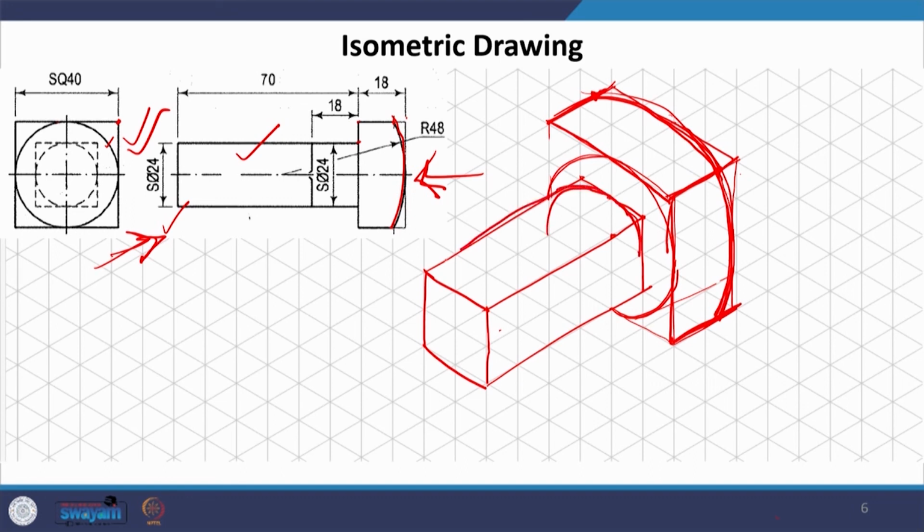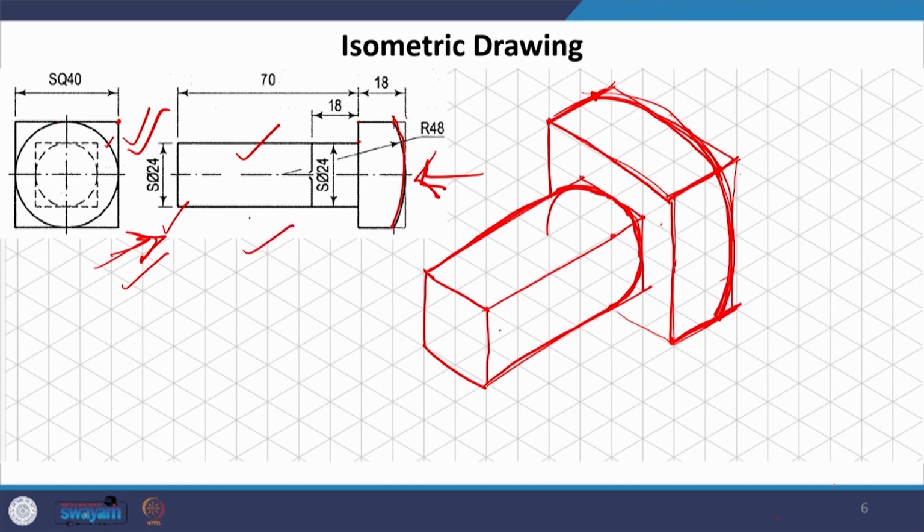So, what we will actually see is this. This is how it is joining this one. So, I will just erase the parts, this one, this circle. This is what you will probably see when you draw the isometric of this particular part.